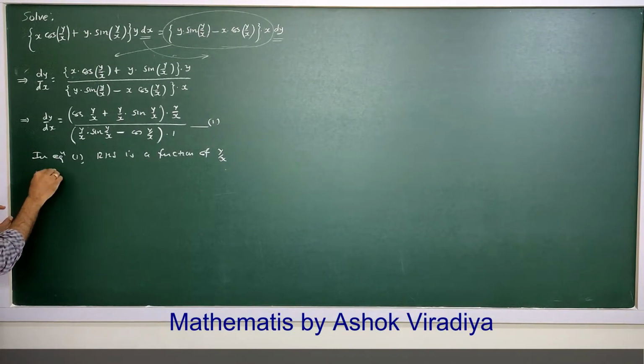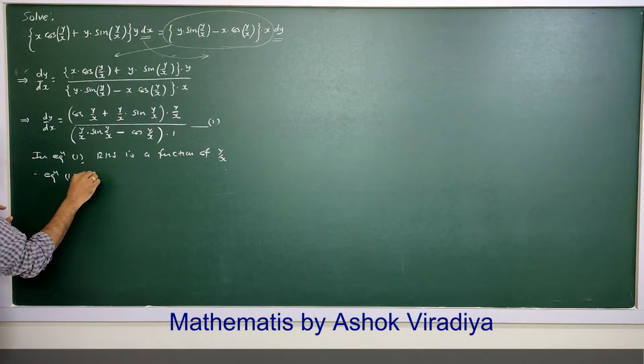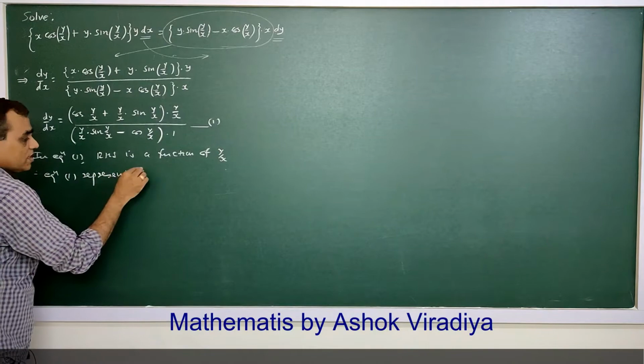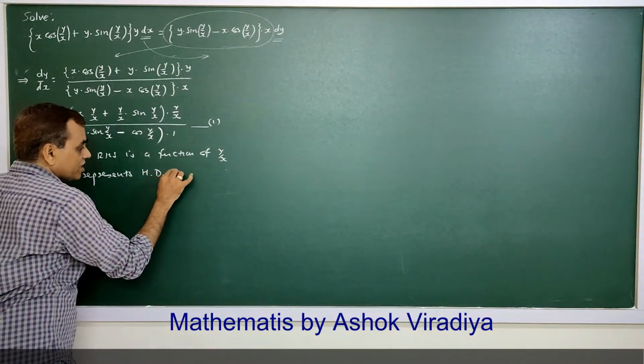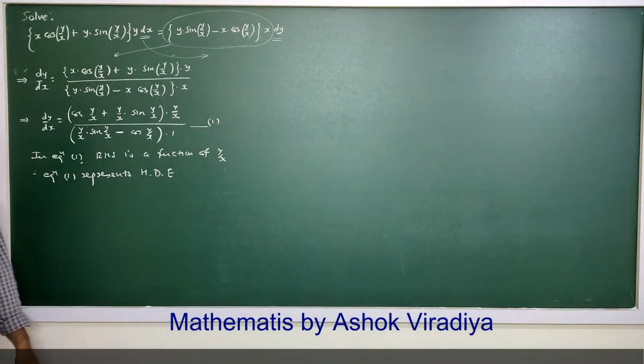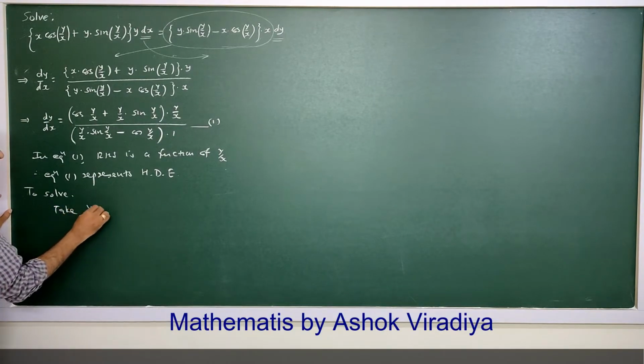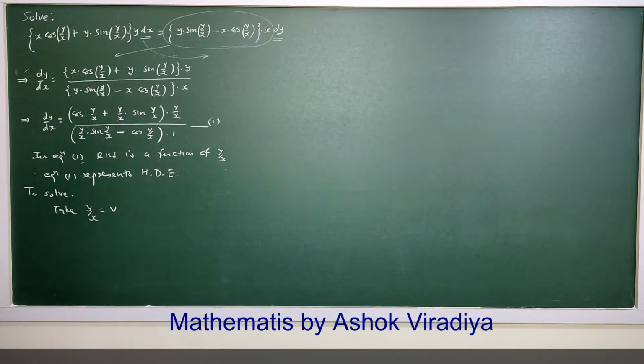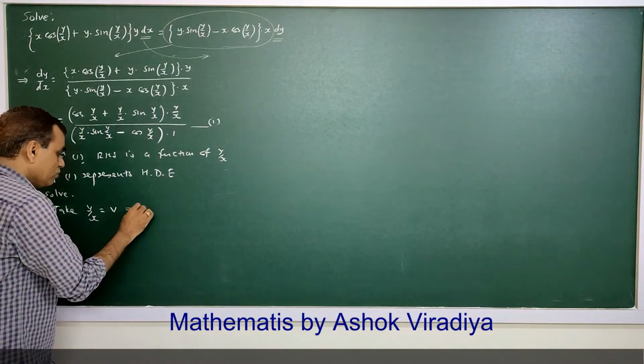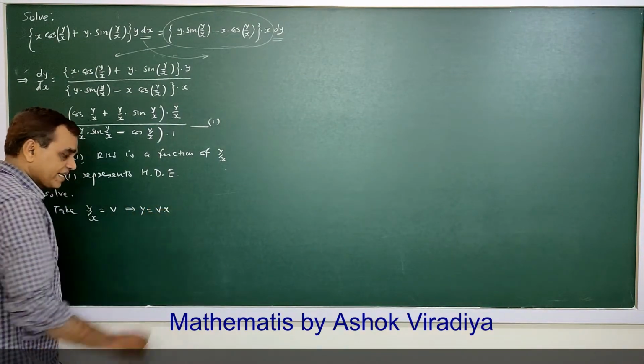Therefore equation 1 represents a homogeneous differential equation. And to solve this equation, we take y by x equal to v. So y is equal to v into x.